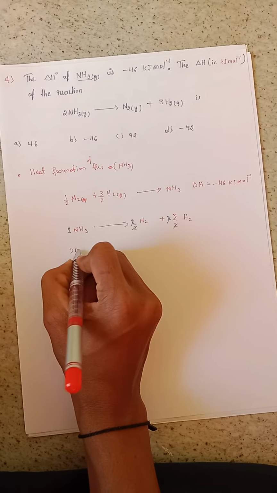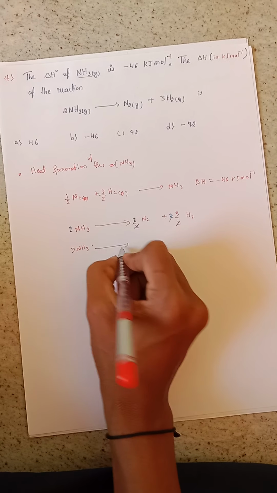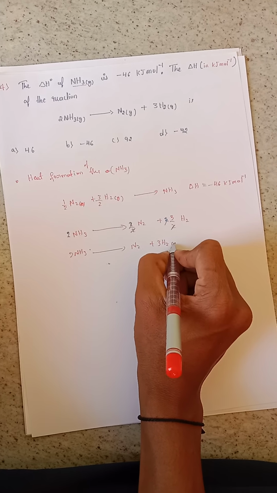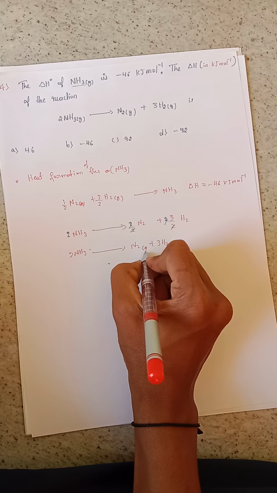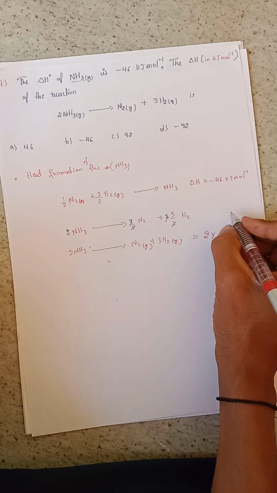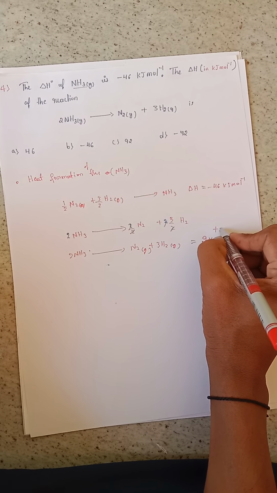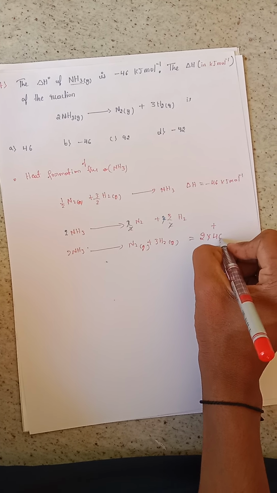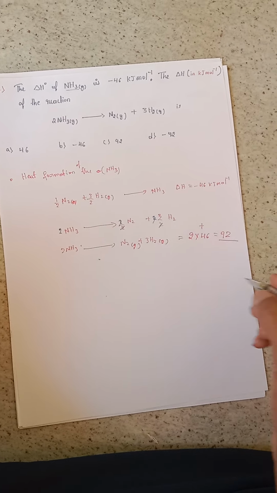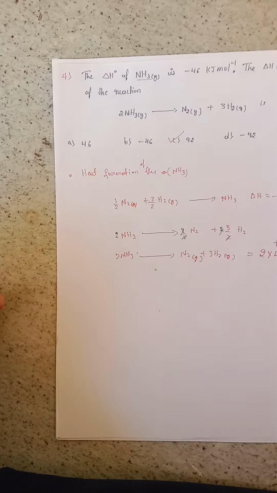Hence here 2 NH3 will give N2 plus 3 H2, all gaseous. So the sign will be changed, minus changes to positive 46, which is equal to 92. So option C is the correct answer.